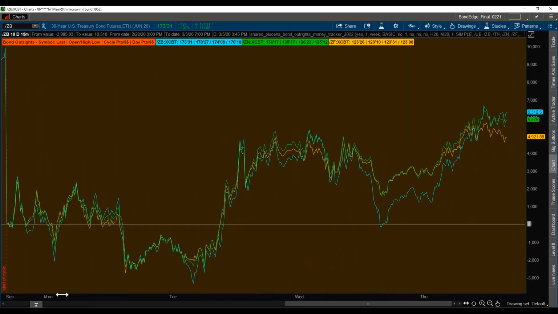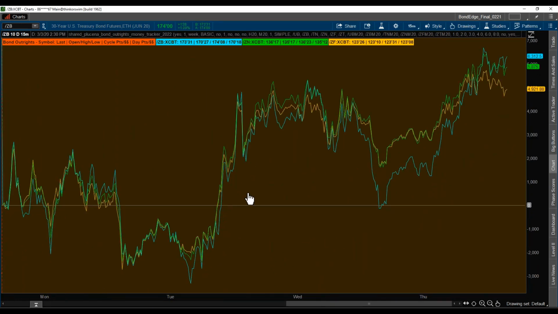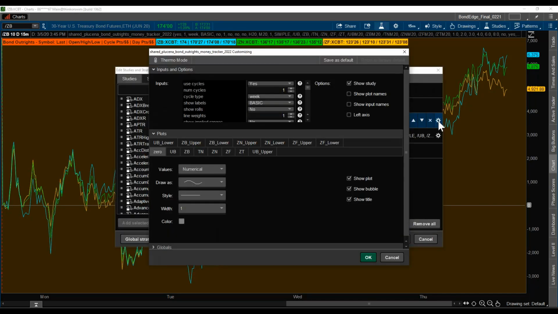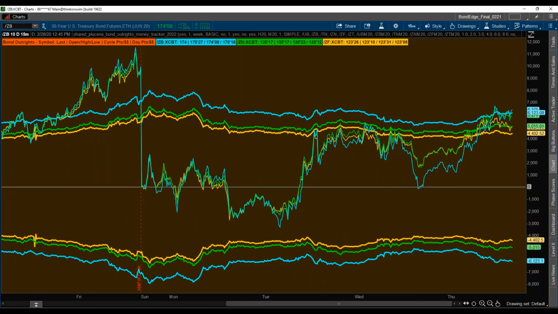So I'm just looking at these things for this week: 5-year, 10-year, 30-year, how they're moving this week relative to one another. And we have PDFs and explanations for how to do all this stuff. So this is really cool. And this is going to get a little advanced.